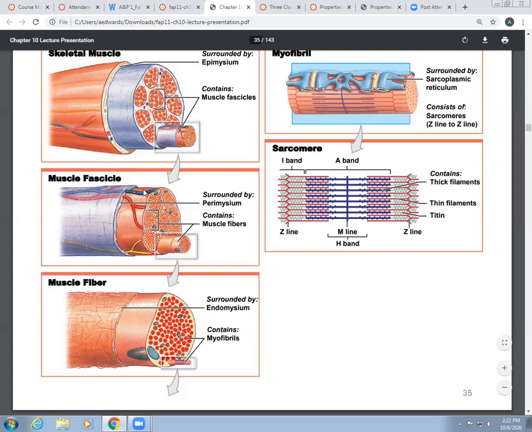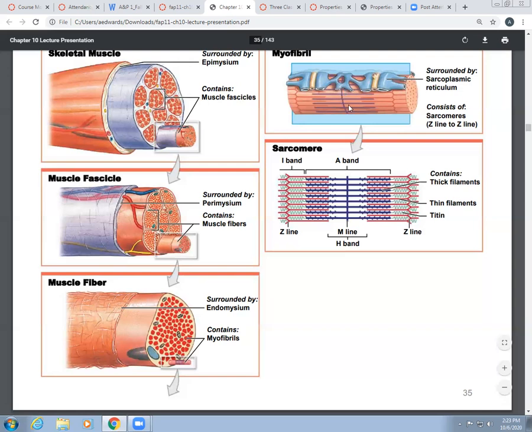So this layer around all of this bundle is perimysium, okay? And inside of the fascicle are muscle fibers, which are surrounded by endomysium, okay? Now that muscle fiber is made up of myofibrils, which are surrounded by sarcoplasmic reticulum, right? Those are our storage vessels for calcium.